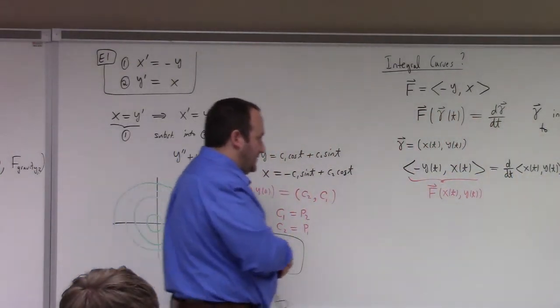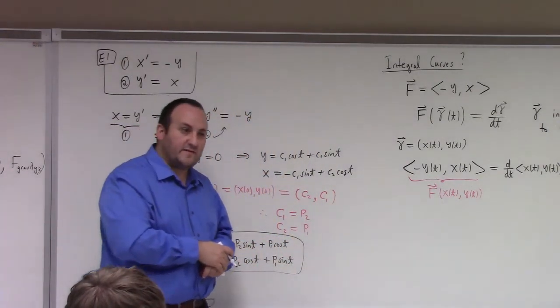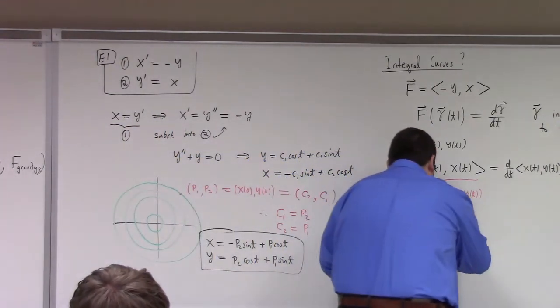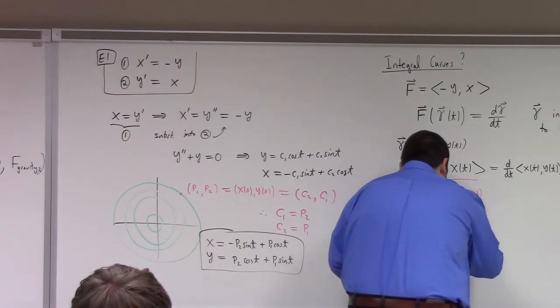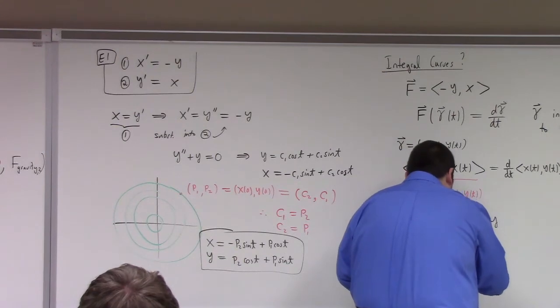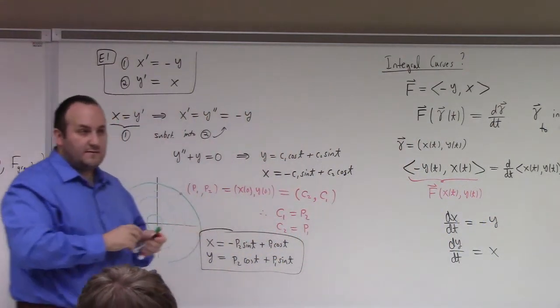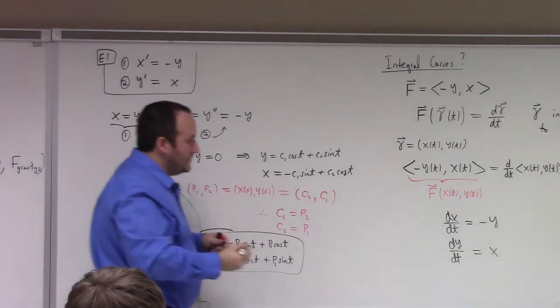And so to find the integral curve to this vector field f, I have to solve a pair of differential equations: dx/dt = -y and dy/dt = x, equating the x and y components of that condition.